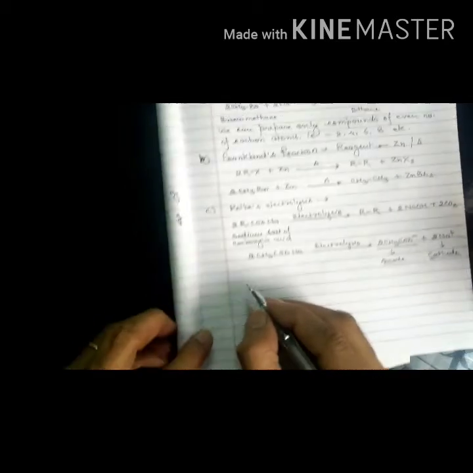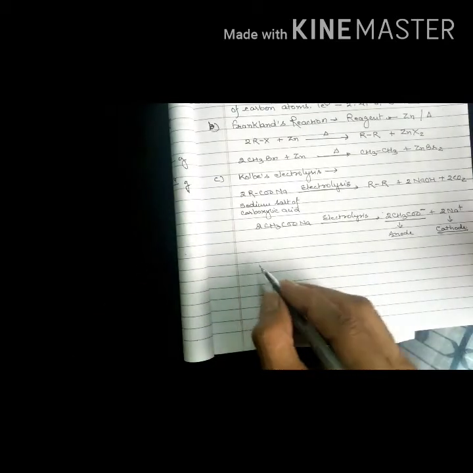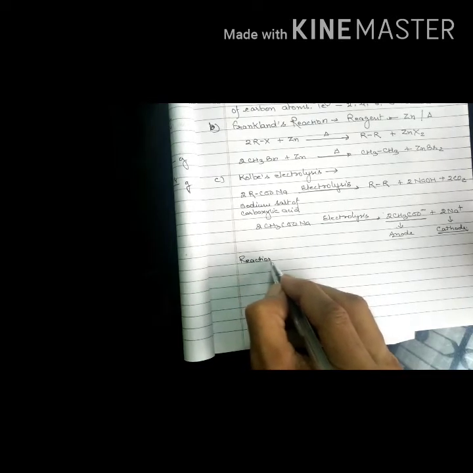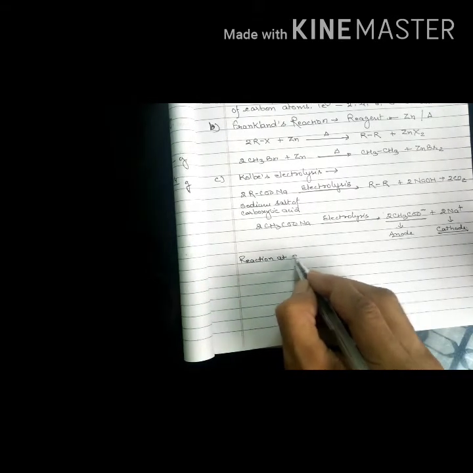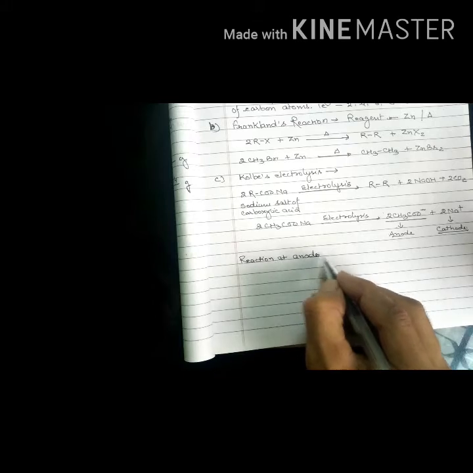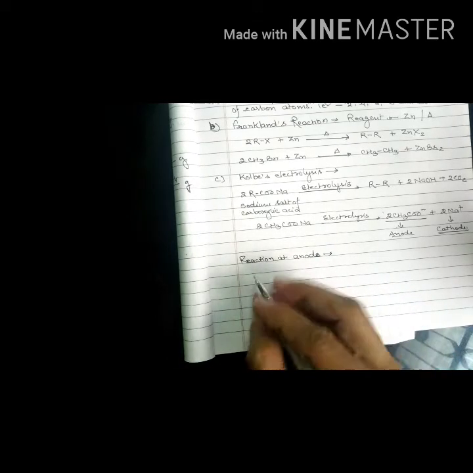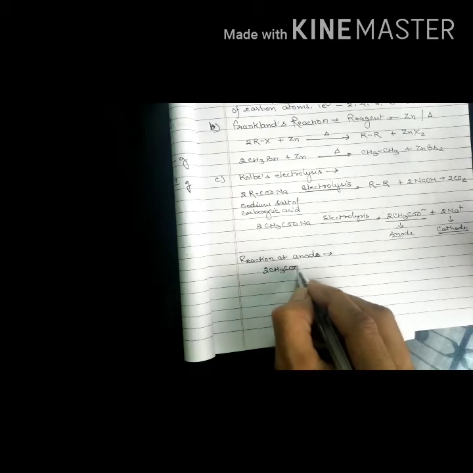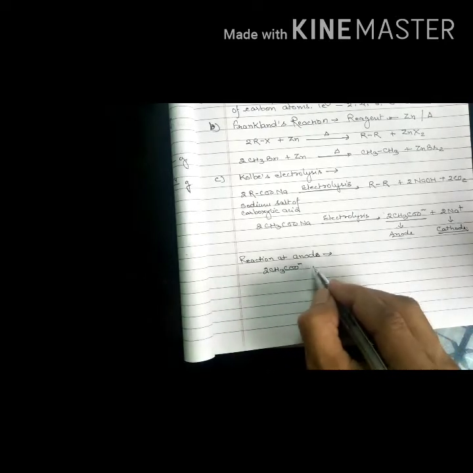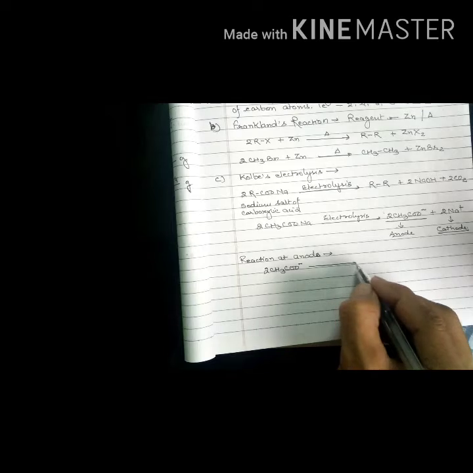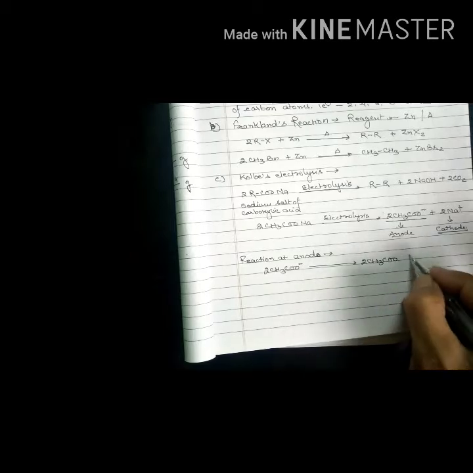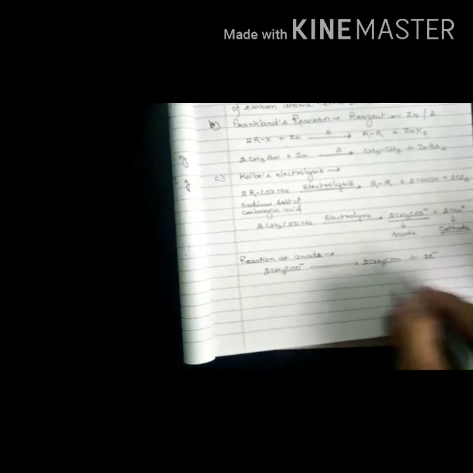Now let's take the reaction at the anode. 2CH3COO negative at the anode releases 2 electrons and becomes neutral.